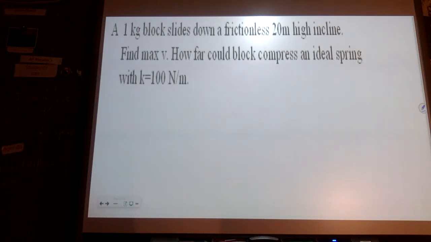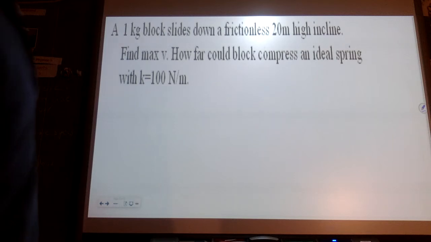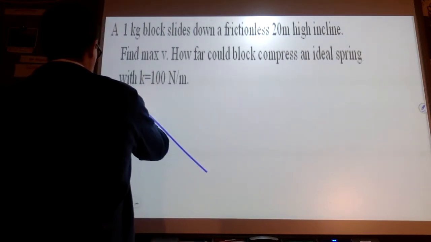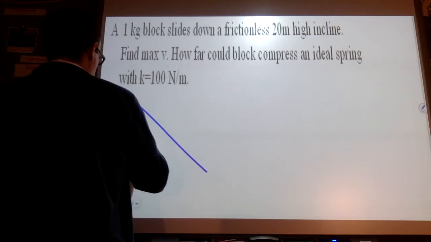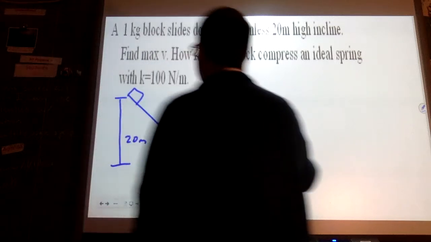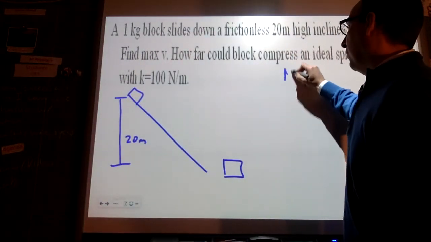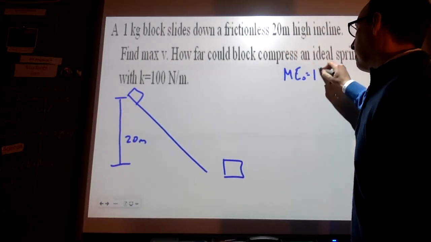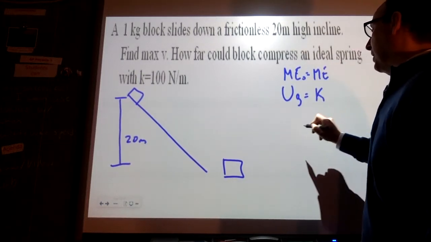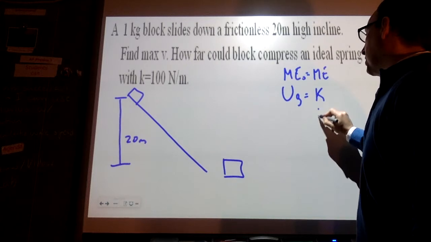How far could the block compress an ideal spring with a spring constant of 100? So when it's at the top, it's going to have all potential energy of position.